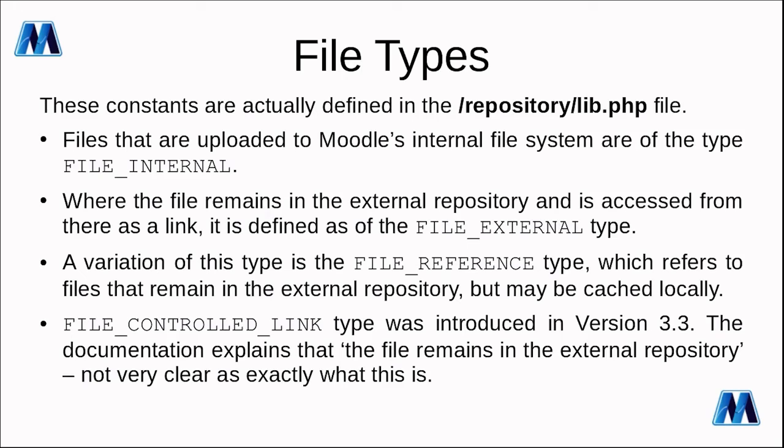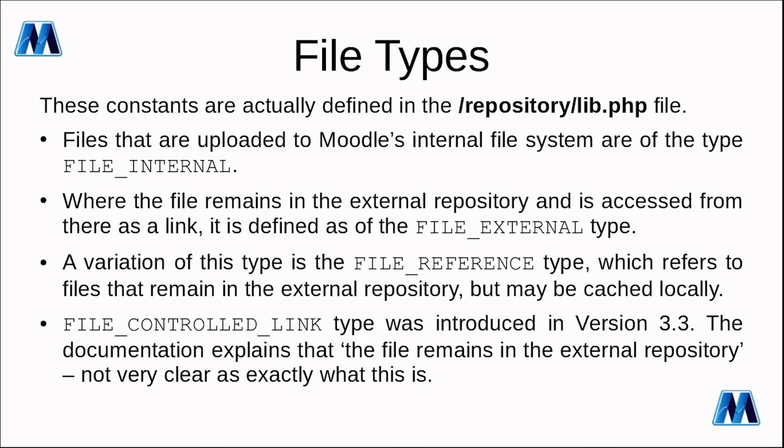It's a file API, and repository plugins and the file API are very much connected. You could go so far as saying repository is part of the file API, I suppose. So the files that are uploaded to Moodle's internal file system, the one that will end up in the file areas and in the file table, are file internal.